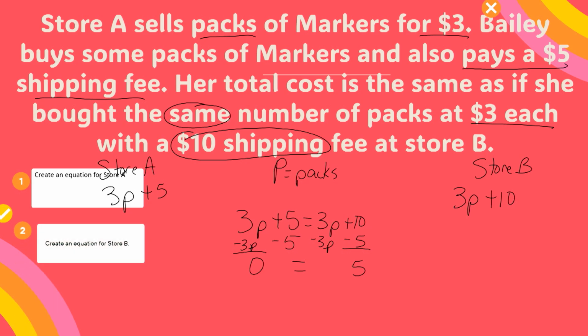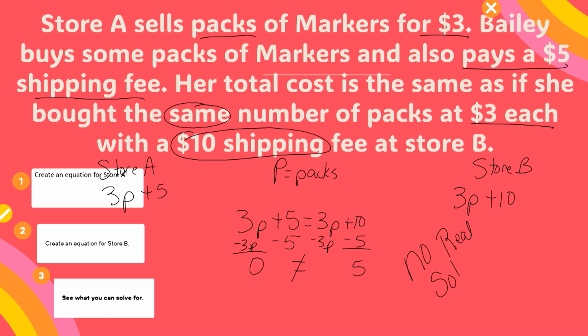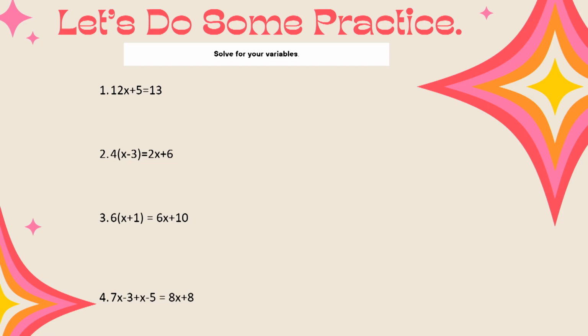We created an equation for store B. See what you can solve for. Well, I can't solve for anything because 0 will never, ever, ever equal 5. So I would say no real solutions.